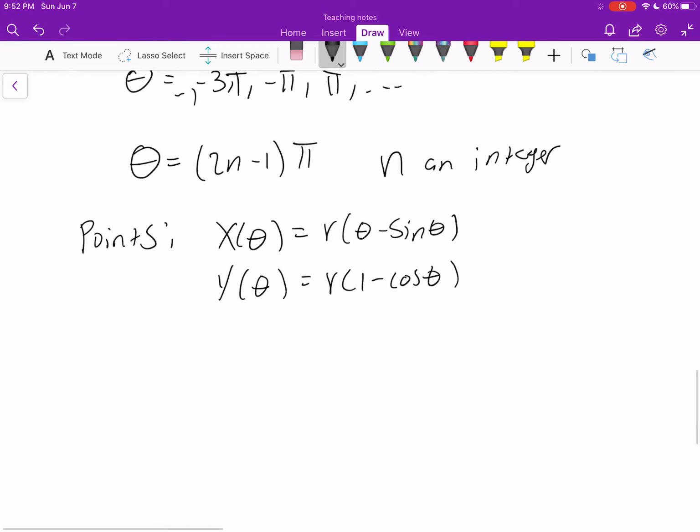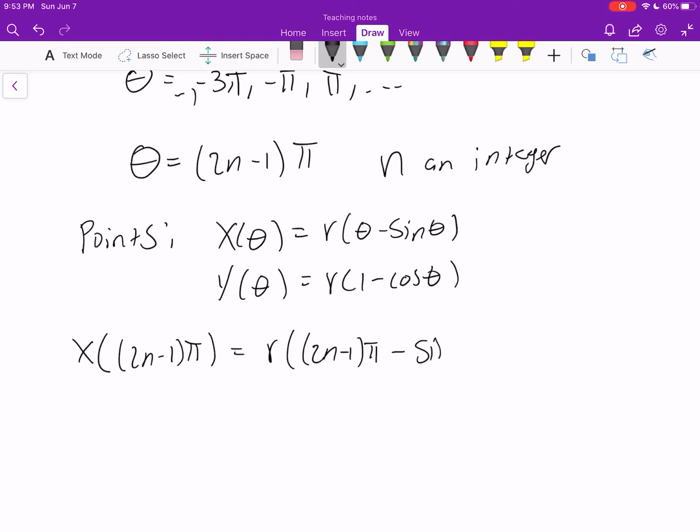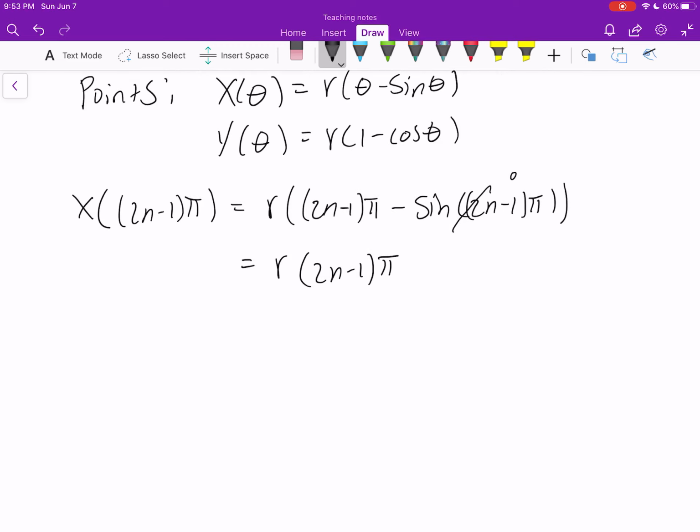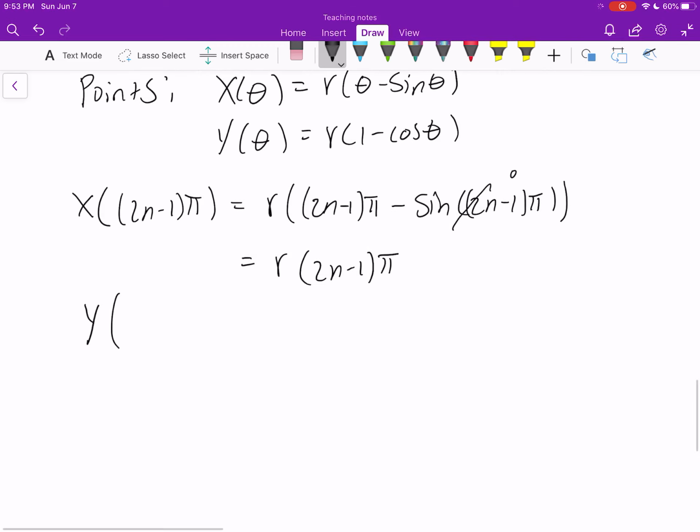So if I plug in 2n minus 1 pi to get the x coordinates, this is going to be r times 2n minus 1 pi minus sine of 2n minus 1 pi. And for any multiple of pi, sine is 0. So this is really just r times 2n minus 1 pi. So that's the x coordinate of all these horizontal tangents.